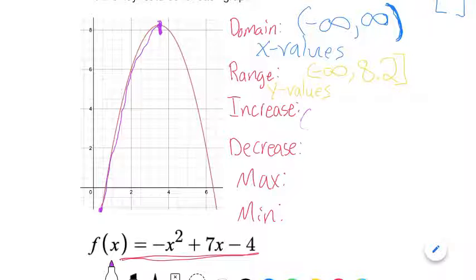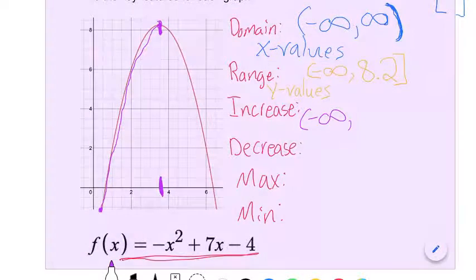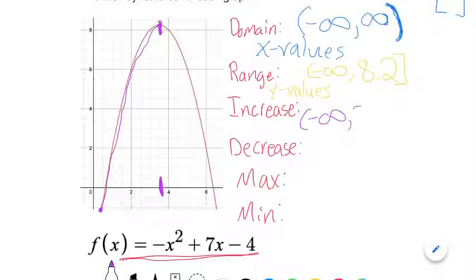So we're starting at negative infinity, and we're going to this x value right here, which is roughly 3.5. We're going to bracket that in. So that is going to be our increasing interval.